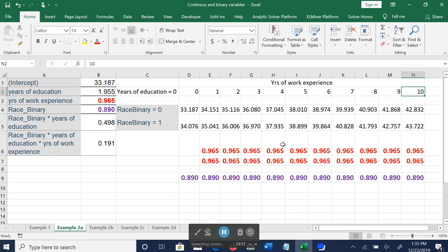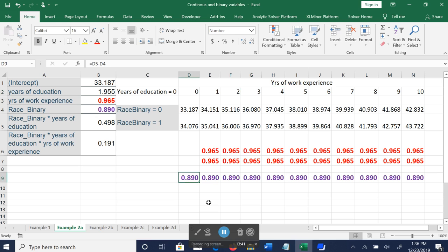Are we clear? And if you want to see how the racial gaps in income change with additional years of experience acquired, if these two racial groups have no education, this is what we do.